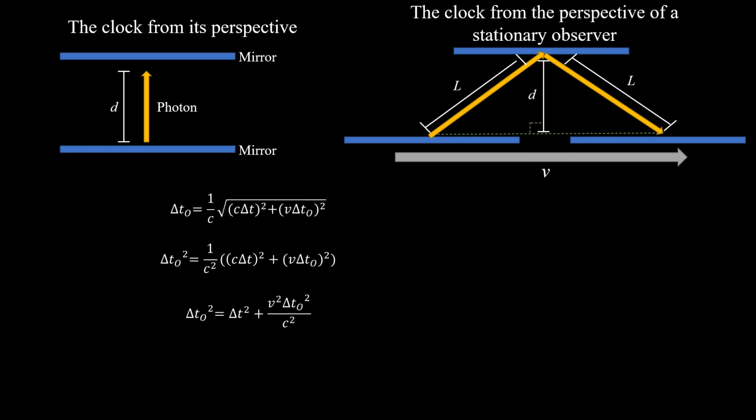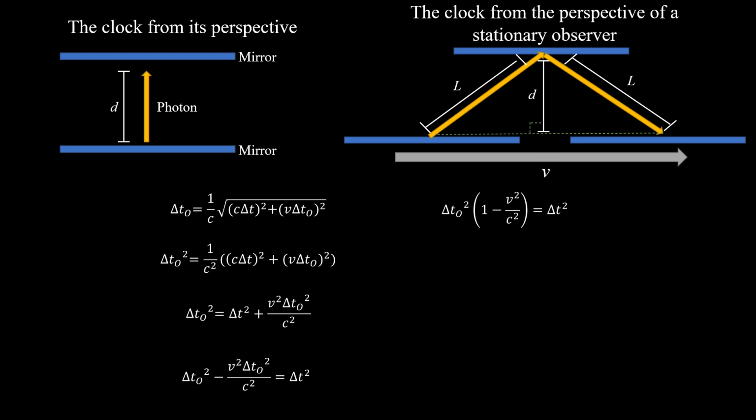Next, we move all the terms including delta t(O) to one side, getting delta t(O) squared minus v squared delta t(O) squared over c squared is equal to delta t squared. Next, we can factor out all of the delta t(O) terms, getting delta t(O) squared times 1 minus v squared over c squared is equal to delta t squared.